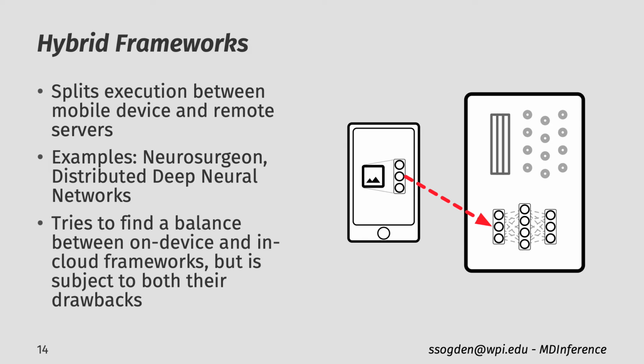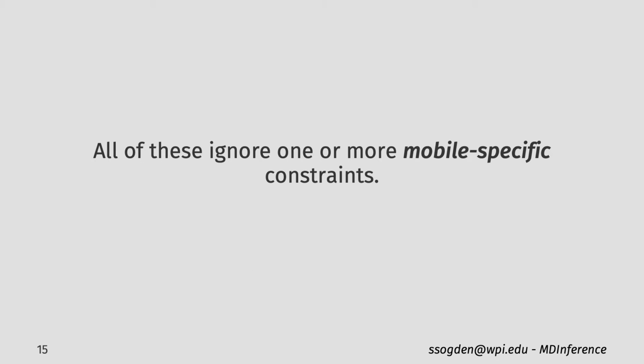This means that a main problem with hybrid frameworks is balancing this trade-off between running on device and running remotely, and leaves them open to all the same issues that exist in both on-device and in-cloud inferences. This is because balancing mobile goals is tricky, and non-mobile aware approaches fail to appropriately consider factors such as network connectivity.